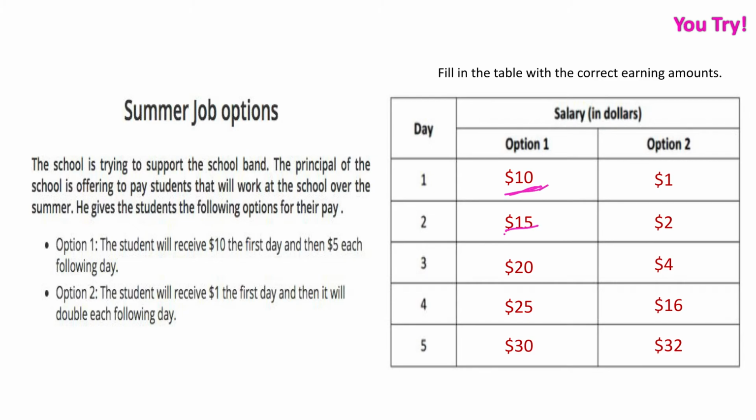And then they would receive $15 on day 2. And then they're going to add $5 to get 20, 25, 30. So then option 2, though, they start with $1, but then it doubles. So here we added 5 each time. Over here, we're going to multiply by 2 each time.